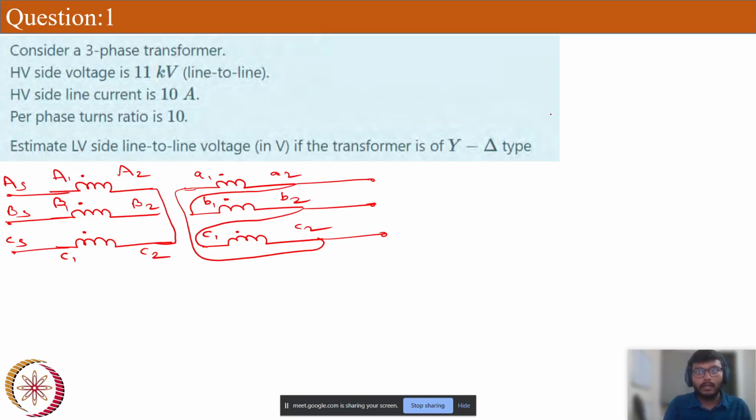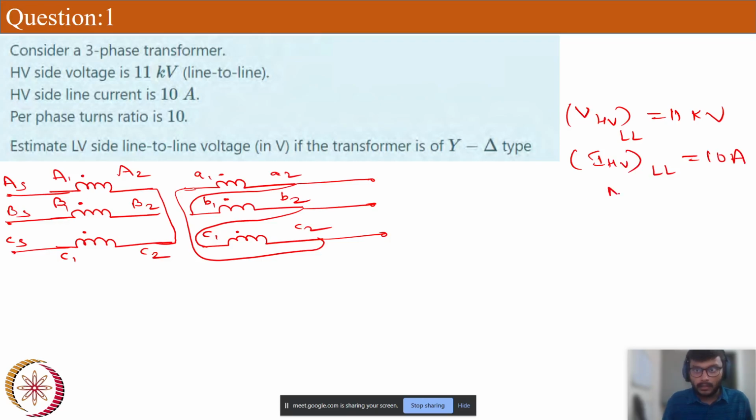HV side line to line, VHV line to line is equal to 11 kV. IHV line to line is 10 amps, and the turns ratio A is nothing but N1 by N2.